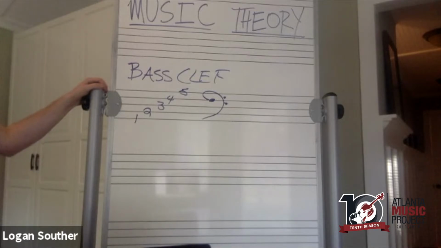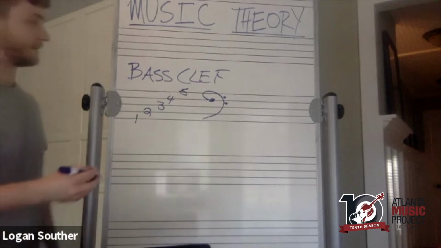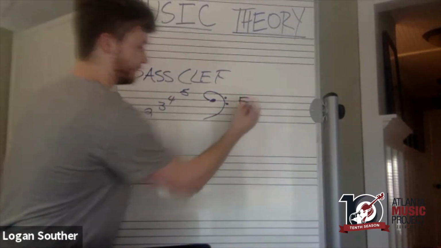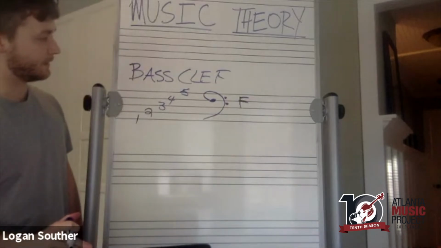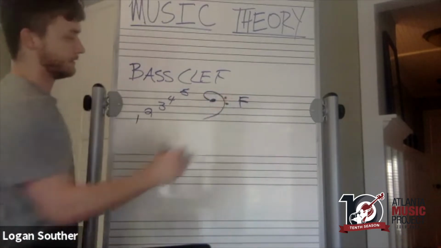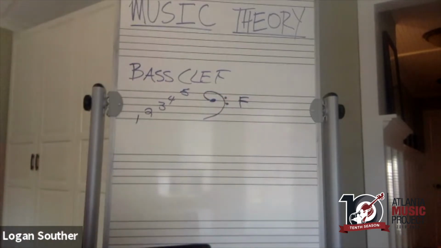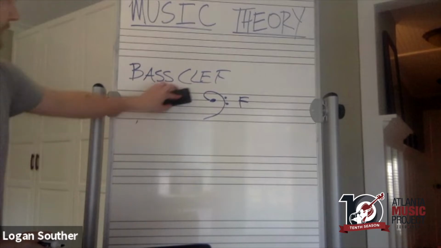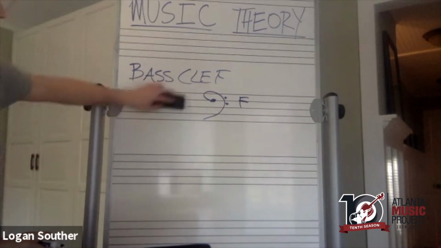Now you might remember this, another name that we call the bass clef. We call that the F clef, because that dot, the second from the top line, tells us the note F. So take a minute, practice a few bass clefs if you like, and then we'll learn the notes for bass clef.